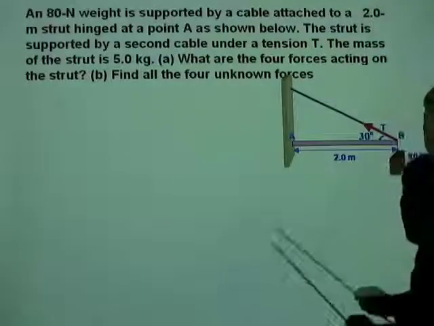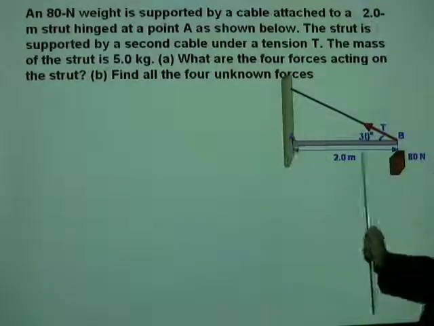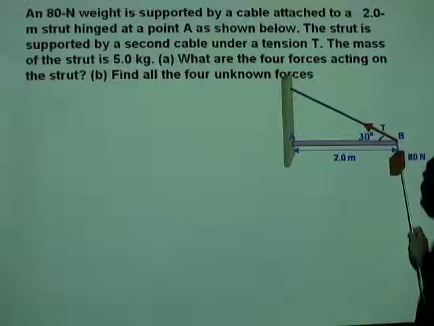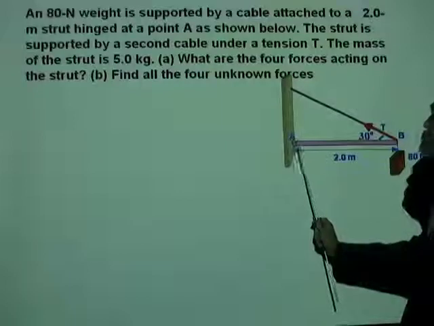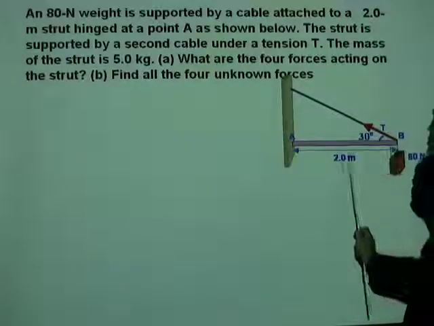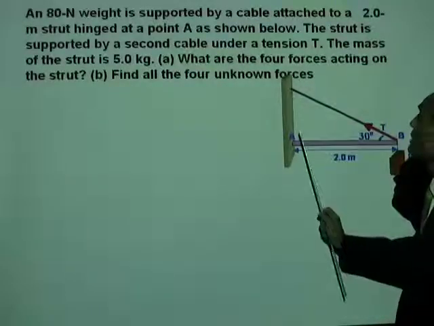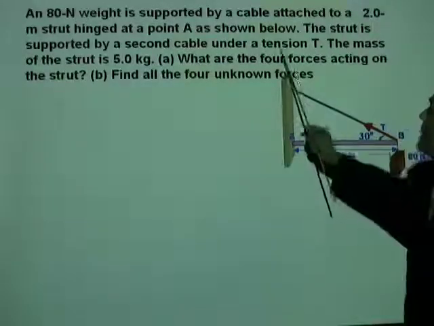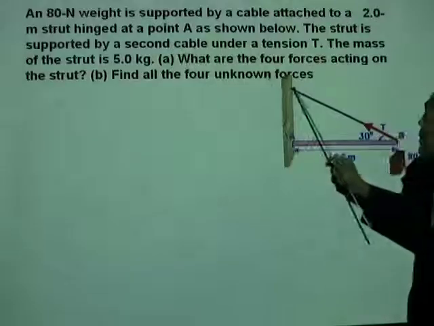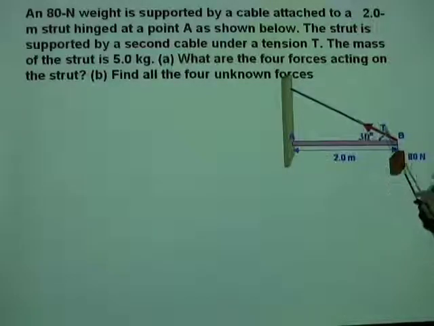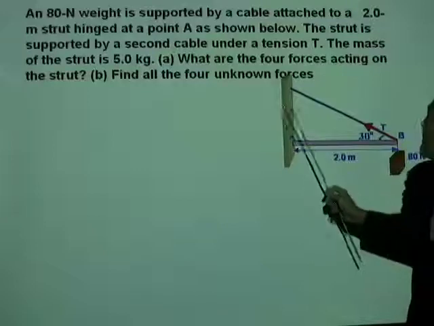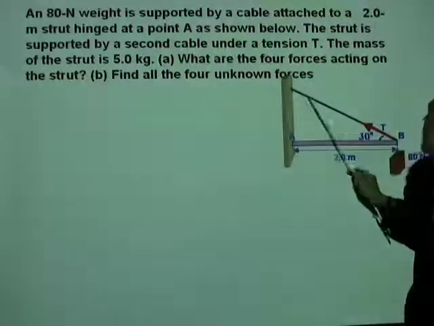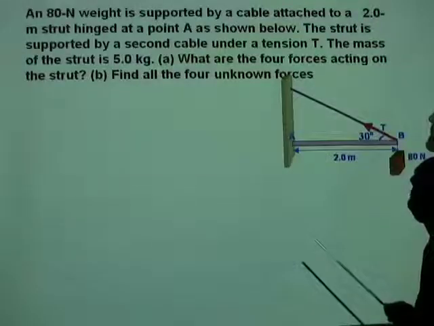So this is the 18 Newton weight, suspended by a cable attached to a 2-meter strut, and it is hinged to a support there. The strut is supported by a second cable under a tension T.